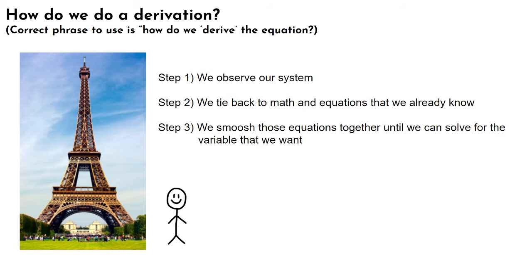Then we tie our observations back to math and equations that we already know. And then, in a nutshell, we smoosh those equations together until we can solve for the variable that we want.